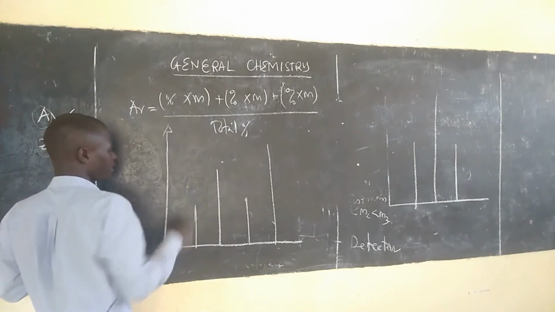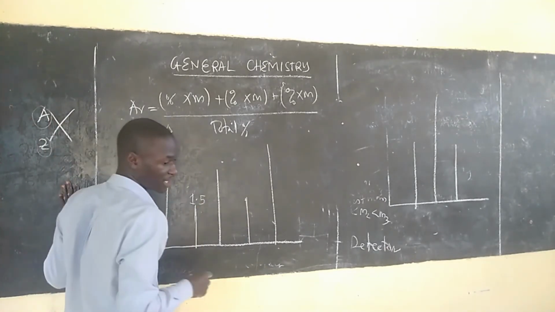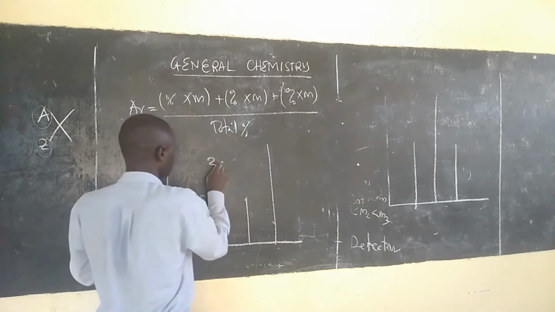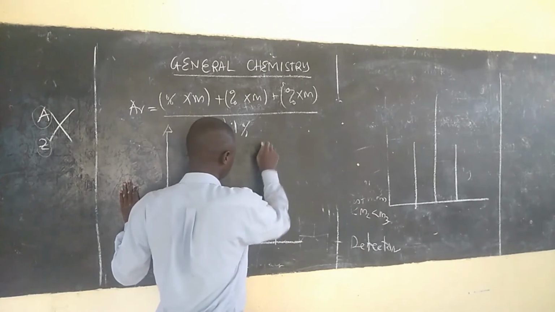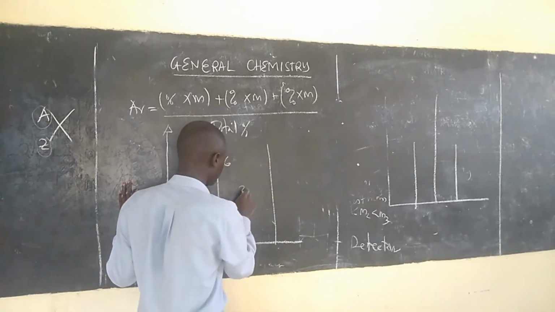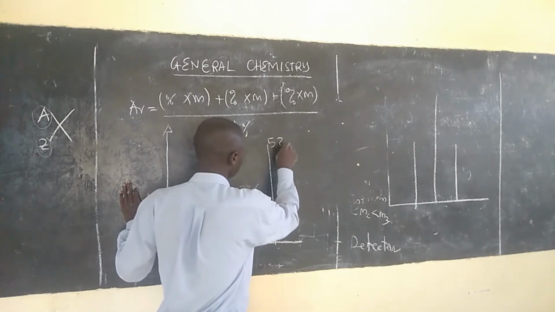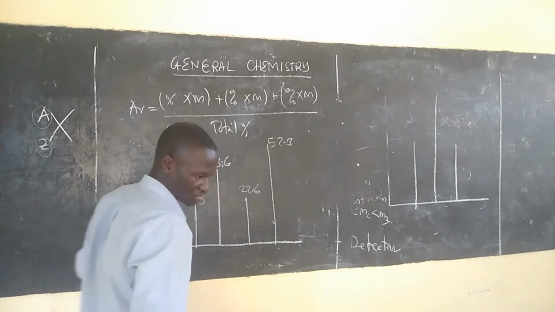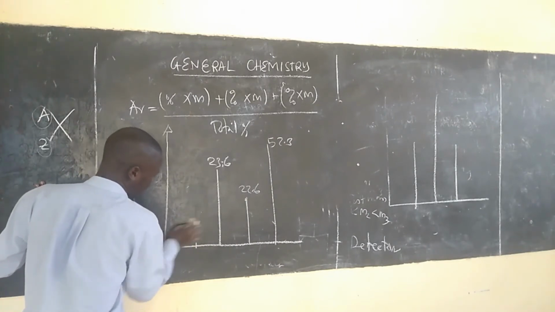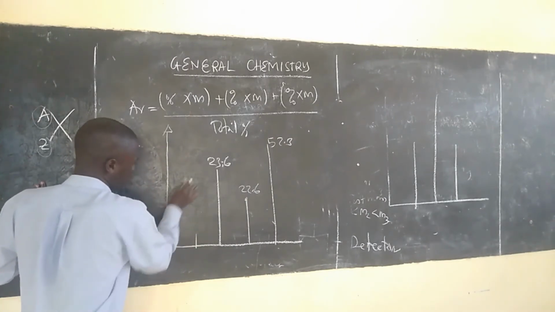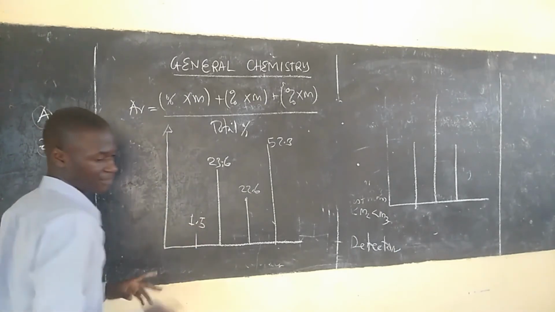So here we are given it is 1.5, we are given 23.6, then you are given 23.6, we are given 22.6, and then also we are given 52.3. So it could be best kama hiyo 1.5 ningeweka iwe low kama hivi.